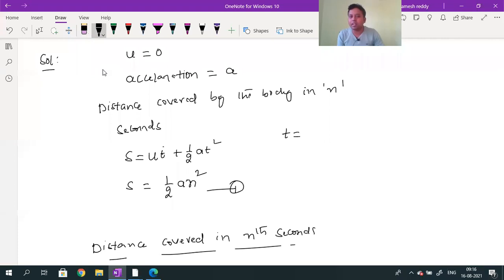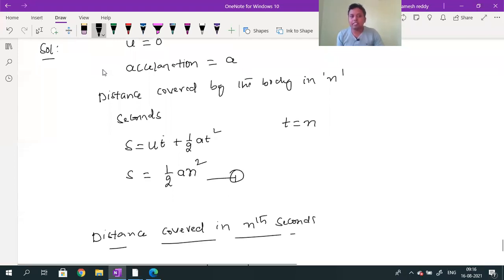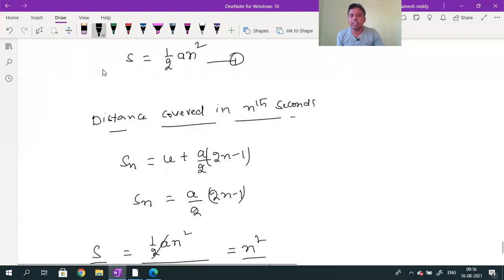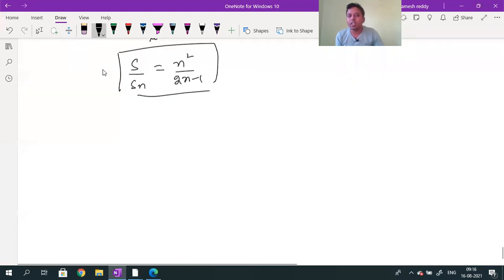Time of journey is n. So that's why I should take n square. Why n square? Because u is 0, half into a into t square, and t is n. So half into a into n square. This is the ratio of the distance traveled by the body: n square divided by (2n minus 1).